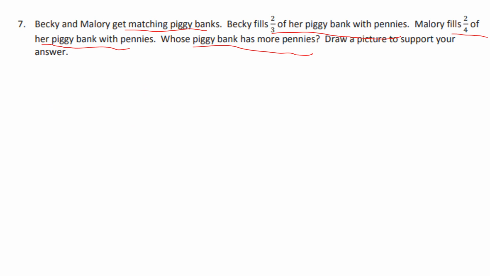It says Becky and Mallory get matching piggy banks. Becky fills 2/3 of her piggy bank with pennies, and Mallory fills 2/4 of her piggy bank with pennies. Whose piggy bank has more pennies? Draw a picture to support your answer. So remember, we're working with 2/3 and 2/4.